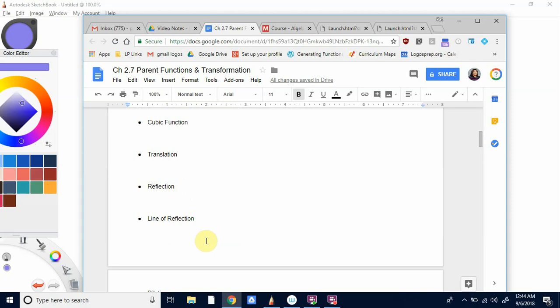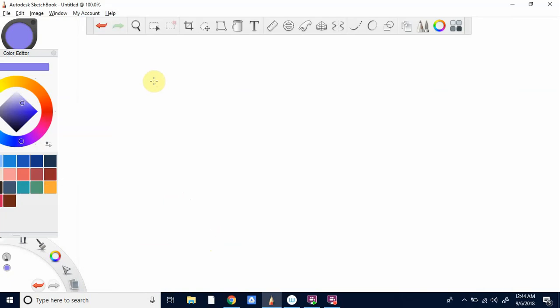We can either flip over the y-axis or flip over the x-axis. When we say negative f of x, that means the negative is outside the function, then it flips over the x-axis. Remember, it flips up and down. The x-axis goes horizontally, but you flip over it, so you're flipping vertically.